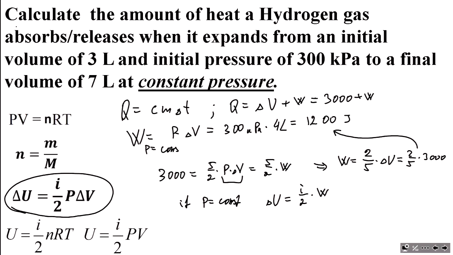But it's also a check, which tells us everything we've done before is correct. And now the amount of heat will be equal to 3,000 plus 1,200, which gives us 4,200 joules. And that is a positive number, so it absorbs heat from the external surroundings.